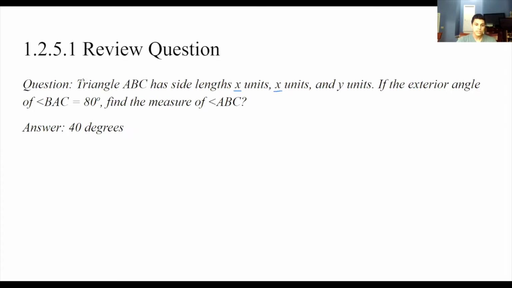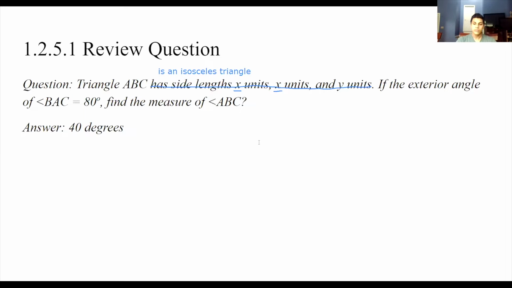So I'm going to take this first sentence and rewrite it as triangle ABC, cross this section out, and write is an isosceles triangle. Okay, triangle ABC is an isosceles triangle.